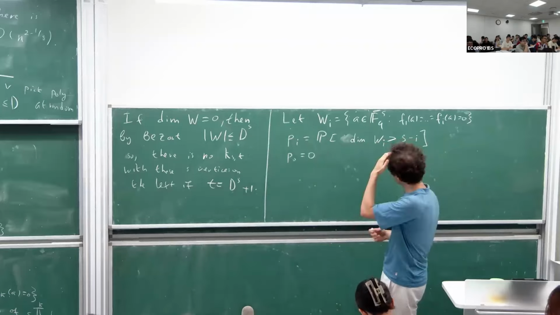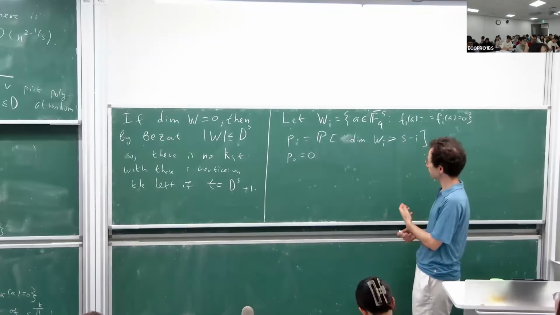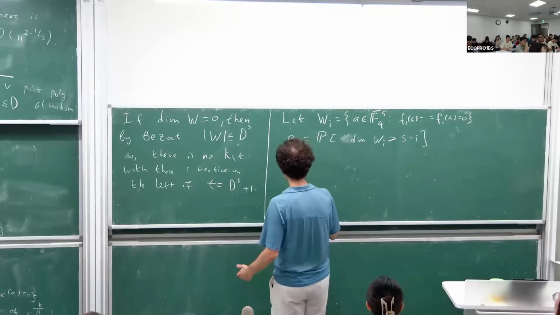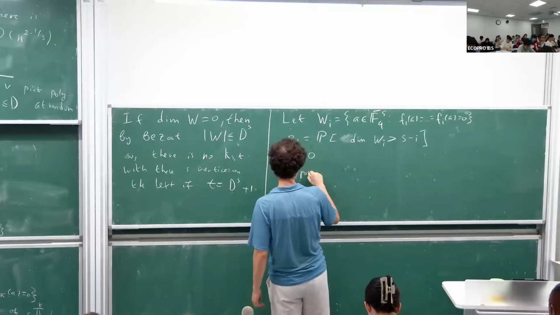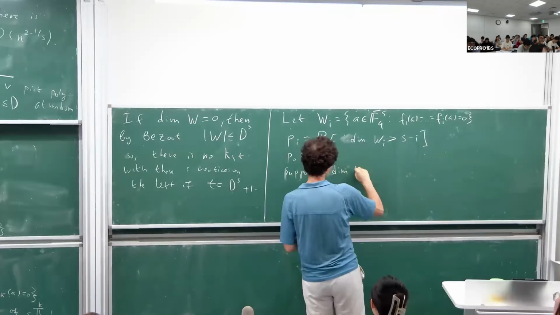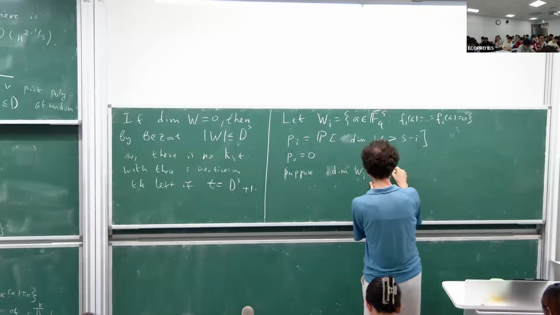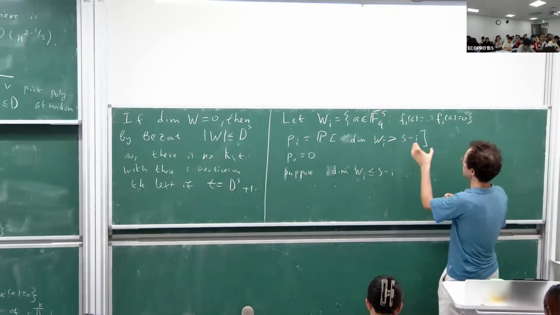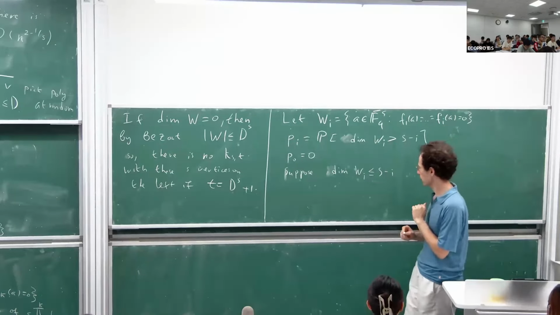Suppose we already know that the dimension of Wi is good, and we want to estimate the likelihood of adding one equation not dropping the dimension.